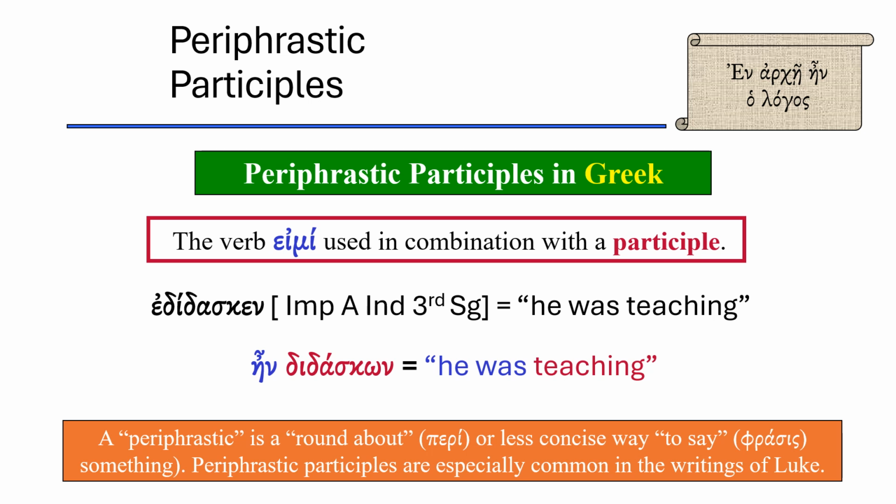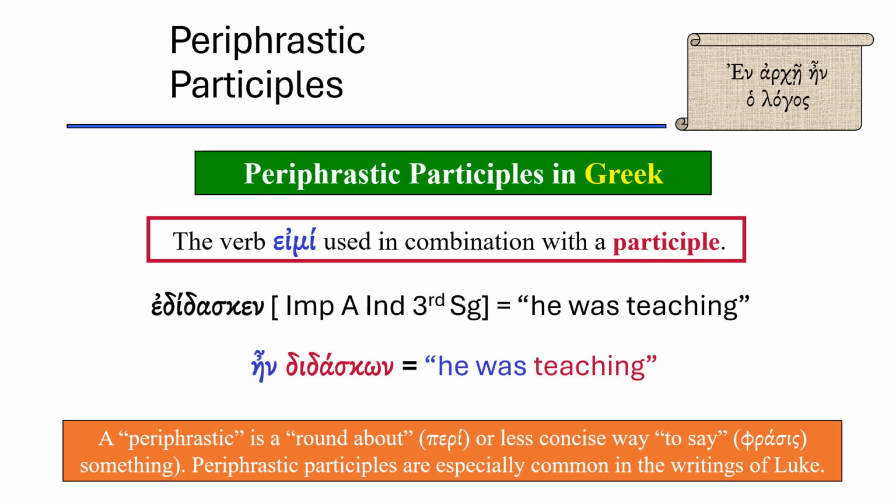So edidasken, he was teaching, gives us all the information that we need to know. However, if you have en didaskon, he was teaching, this can be another way of saying the same thing. So periphrastic is a roundabout, like peri, or less concise way to say something.